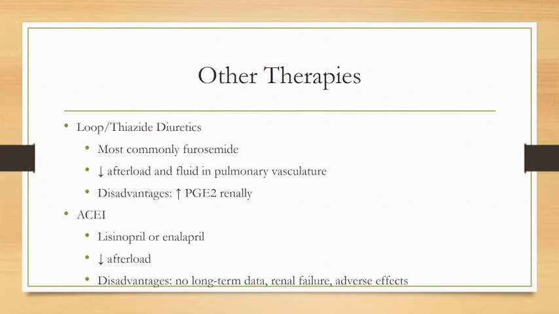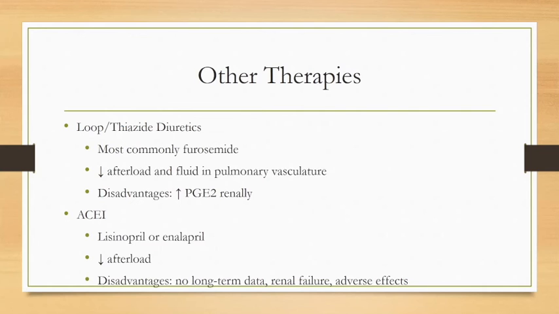Some other therapies that are considered, but only for symptomatic use and have not been shown to close the PDA, are loop diuretics, most commonly furosemide. They decrease afterload and fluid in the pulmonary vasculature.